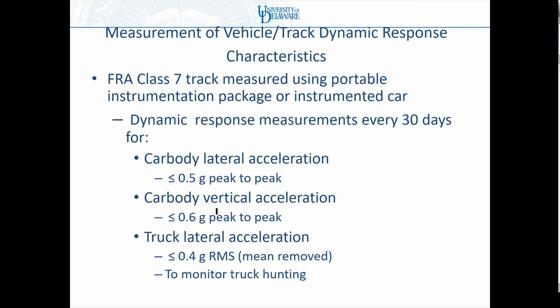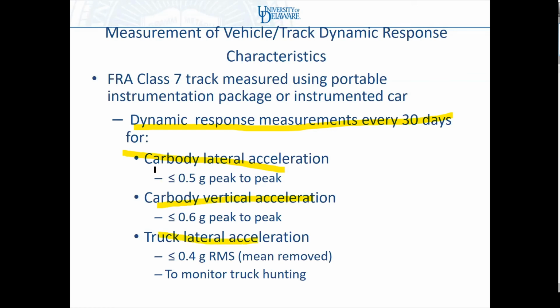So in the United States, for example, for track with speeds of around 200 kilometers per hour or higher, the standards now include dynamic response characteristics. For example, Amtrak in the Northeast Corridor, which operates at 200 kilometers per hour plus, is required to take dynamic response measurements every 30 days. That includes car body lateral acceleration, car body vertical acceleration, and truck lateral acceleration.